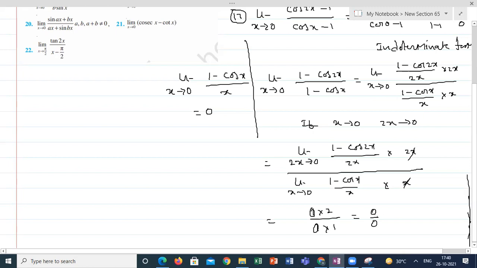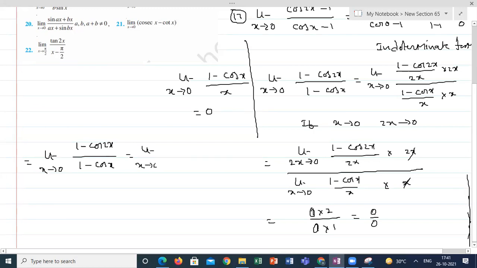Even if I am applying the formula, I am getting 0. So what you have to do is apply the pure trigonometric ratios formula. Limit x tends to 0, this is 1 minus cos 2x by 1 minus cos x. Convert everything into sine. What is the 1 minus cos 2x formula?